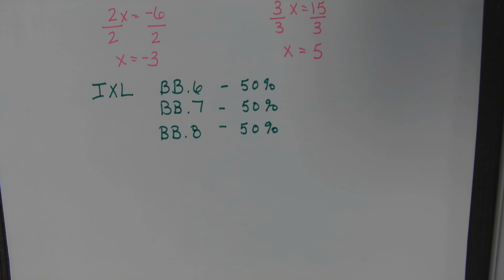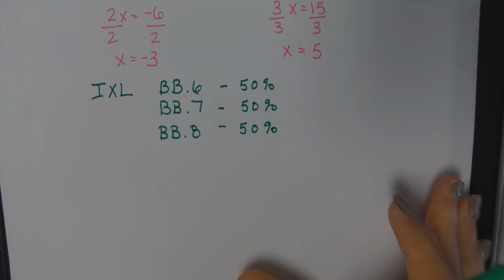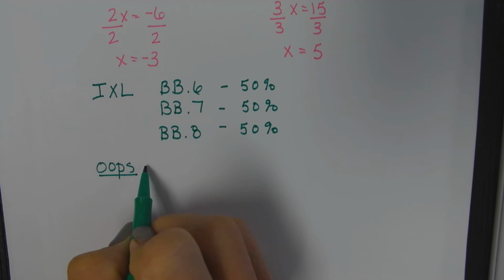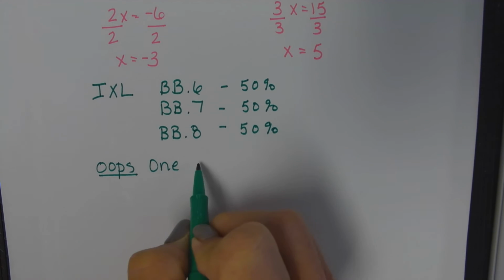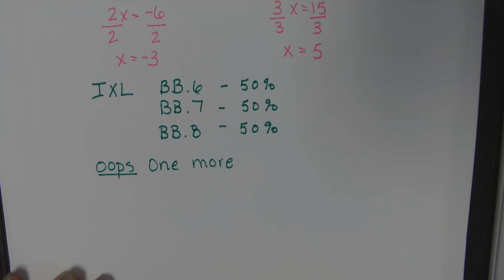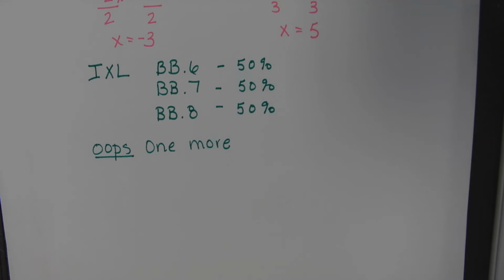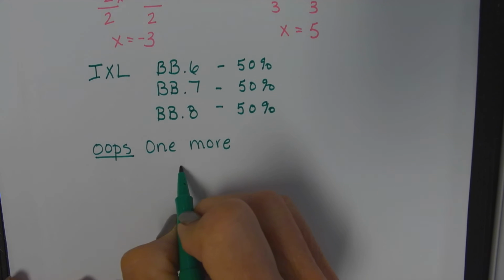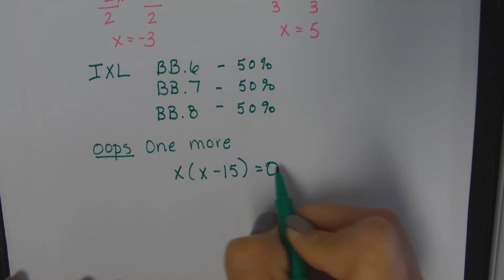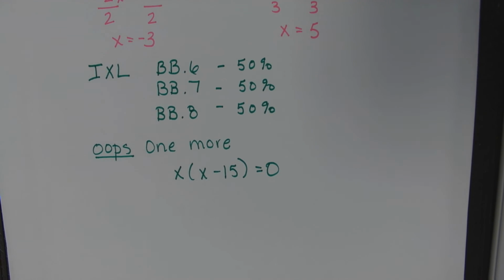I do need to go over one problem. I just remembered. Everybody look up here. You want to write this down because it's very simple, but I don't know if you've seen this before. Look at this problem here.